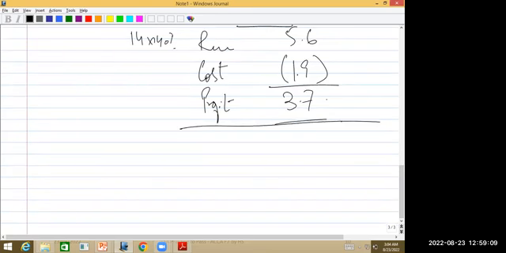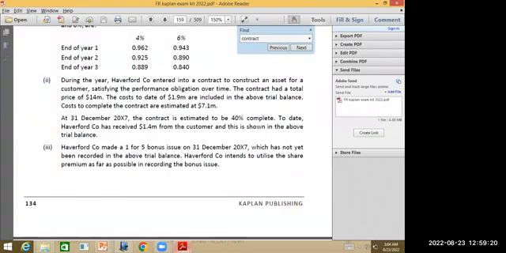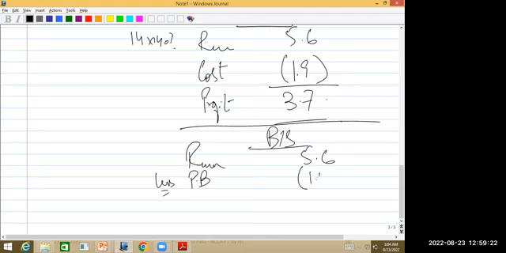Now with respect to the balance sheet, revenue recognized till date is 5.6 million less progress billing of 1.4 million. 4.2 contract asset.